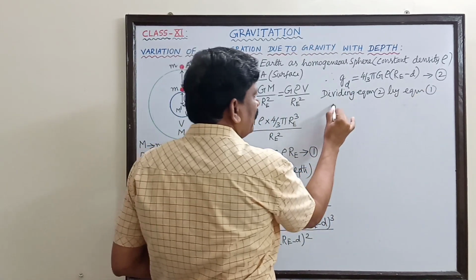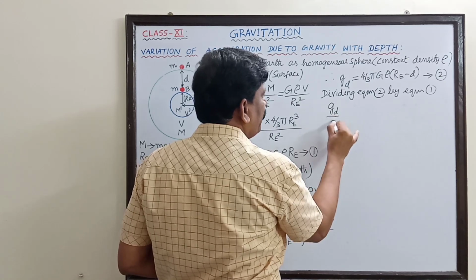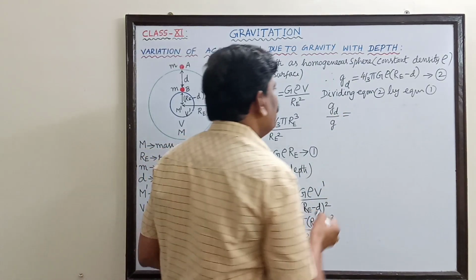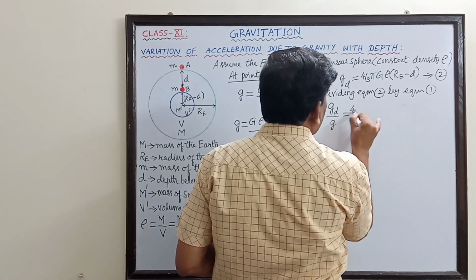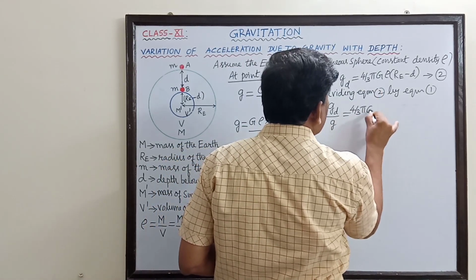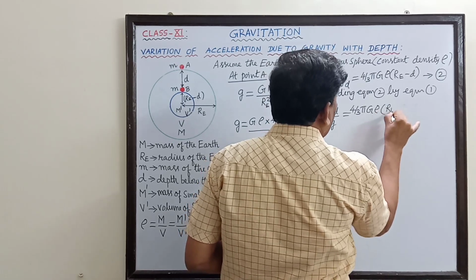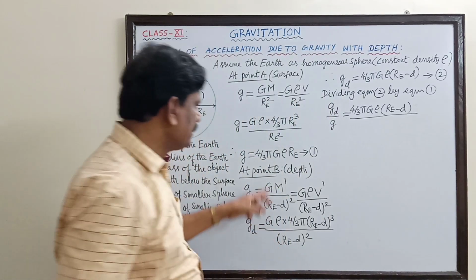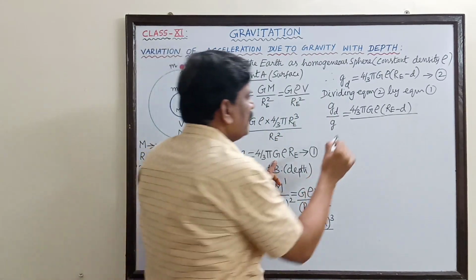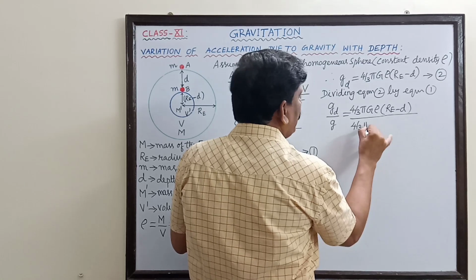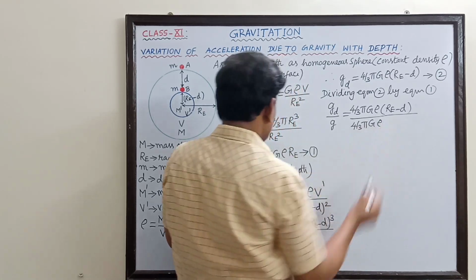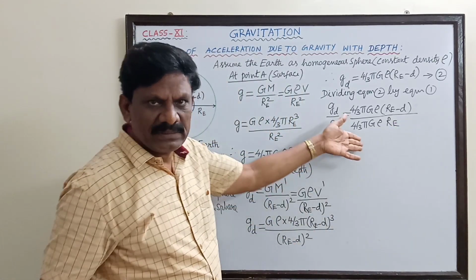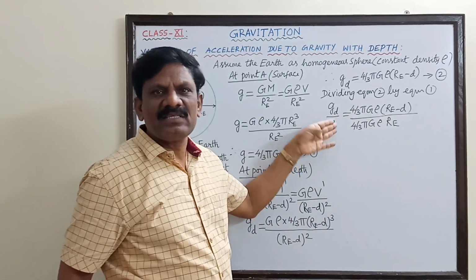Left hand side is g d divided by g is equal to, the right hand side if I divide, 4 by 3 pi G rho into Re minus d divided by the right hand side of equation 1, that is 4 by 3 pi G rho into Re. Okay students, now so many factors will be cancelled.